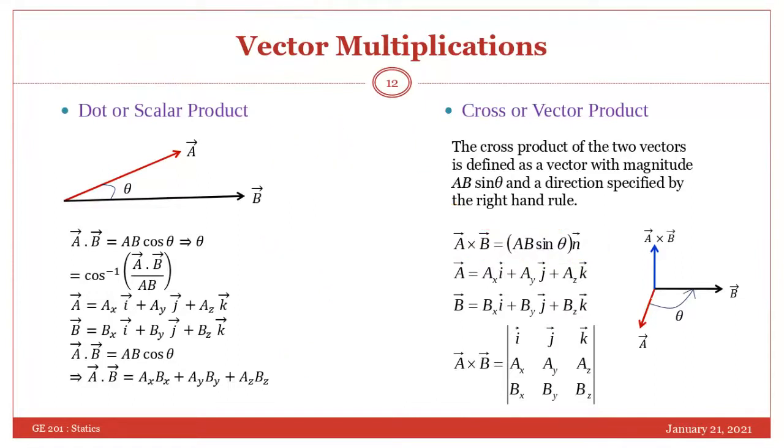So when we have to multiply the unit vectors, in vector multiplication we follow this cyclic rule.